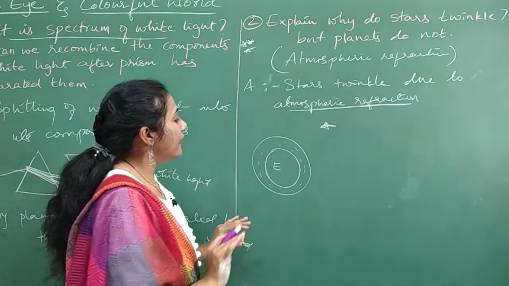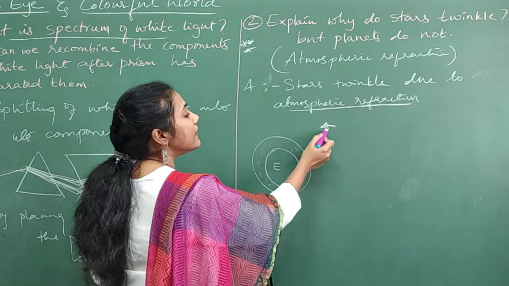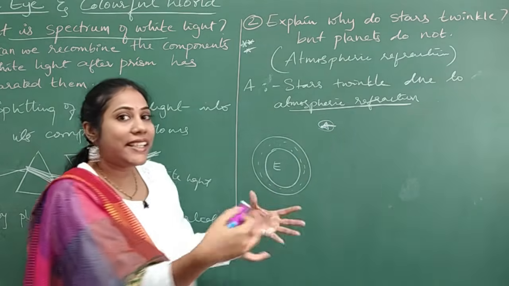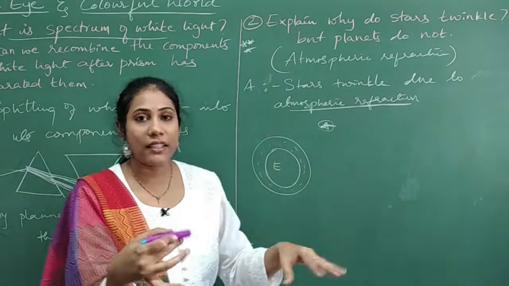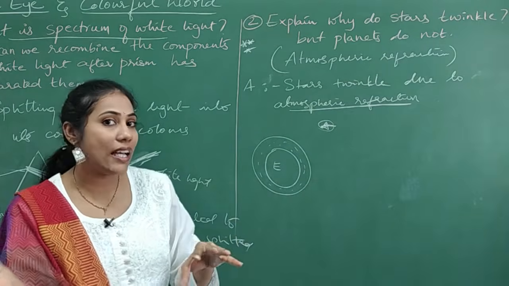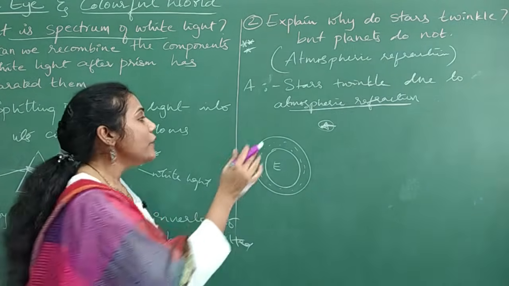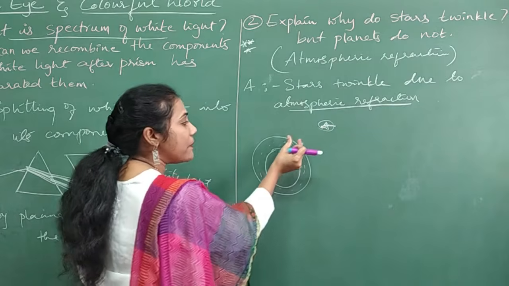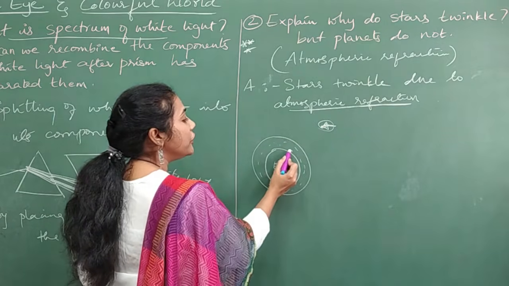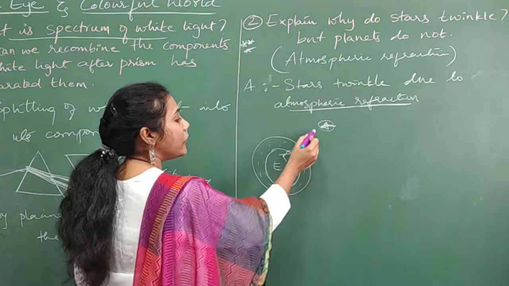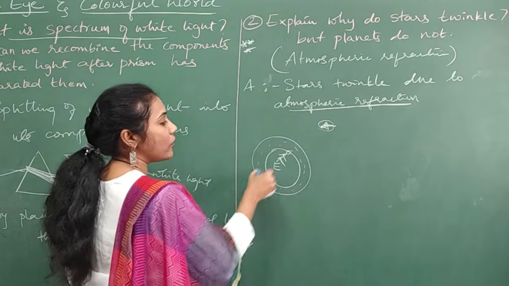Fine. And imagine the starlight, I mean the radiation emitted by a star, light emitted by a star is called starlight, right? So when the starlight is coming from a star, imagine you are there on earth. Okay, this is a person there on earth.